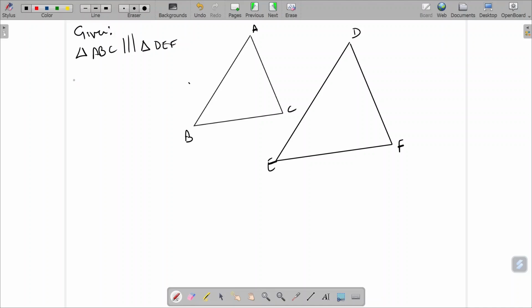Then what I'm required to prove is that proportion statement, which is that AB over DE equals AC over DF. Now, I'm leaving it blank for the moment, and again, I'll use a little bit of a cheat to include the third part, that BC over EF.